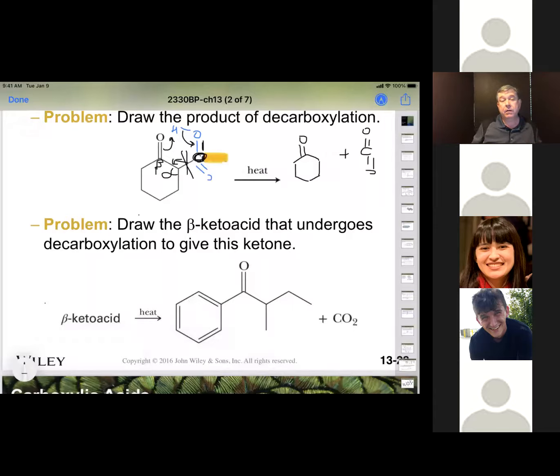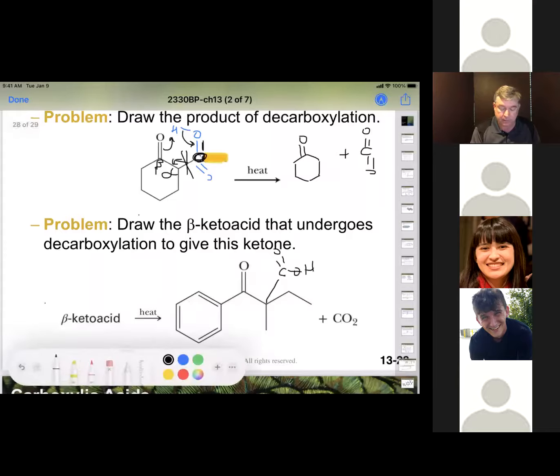So we need to find a carbon that's adjacent to the carbonyl and attach our carboxylic acid to it. So we have to put our carboxylic acid right here to be able to form that six-membered ring, because now we have, let me redraw that.